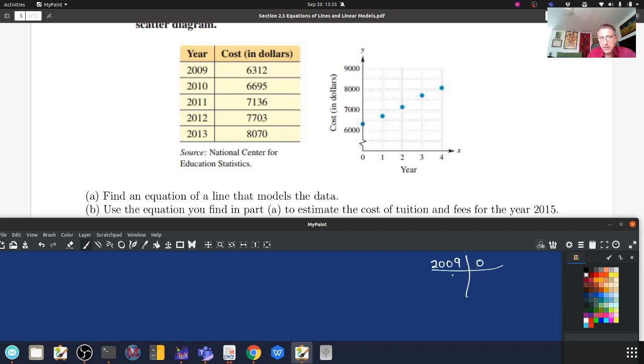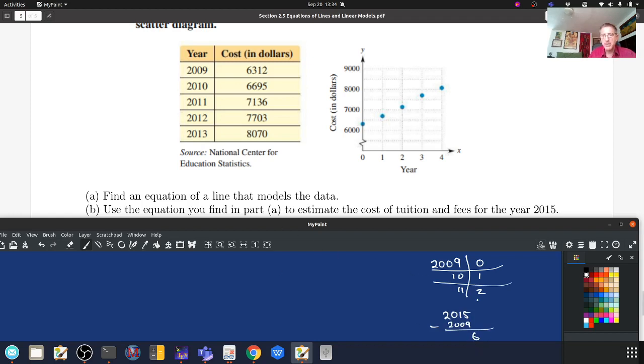And let 2010 be 1, 2011 be 2, etc. You don't have to do that, but it will make it a lot easier when we plug in the year 2015. In 2015, we correspond to a value of x equals 6.